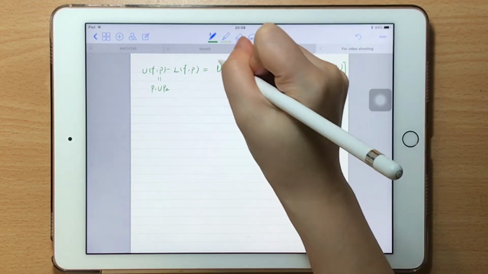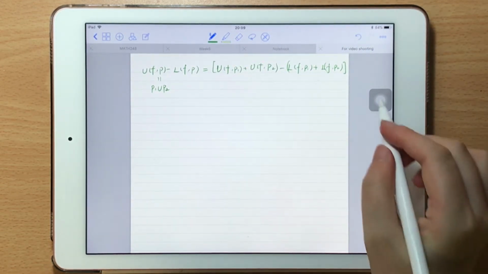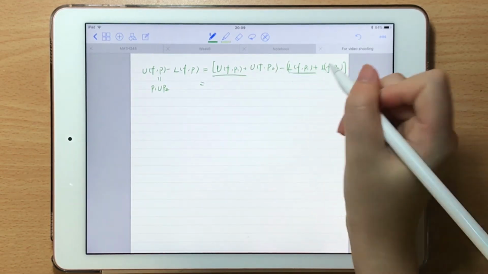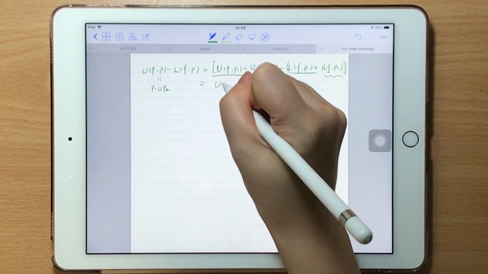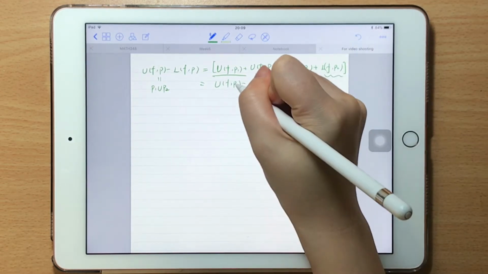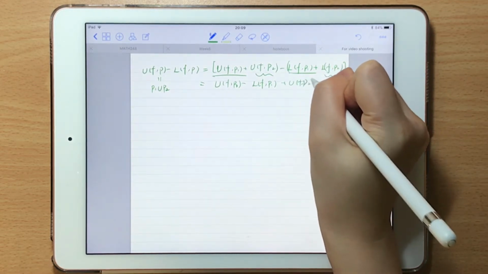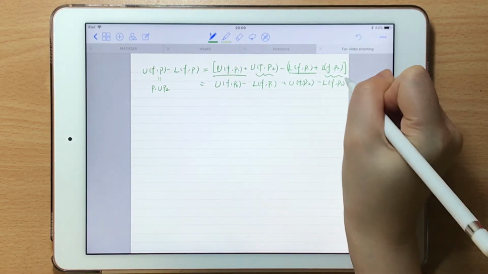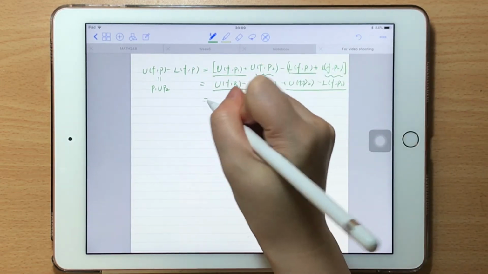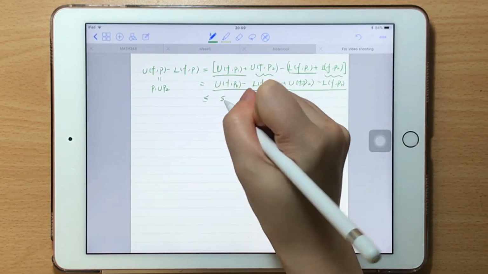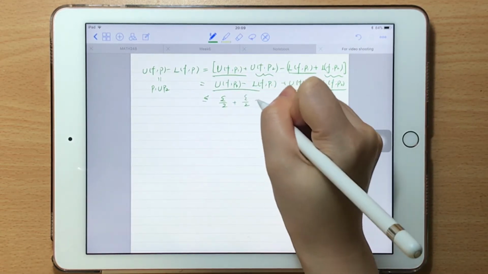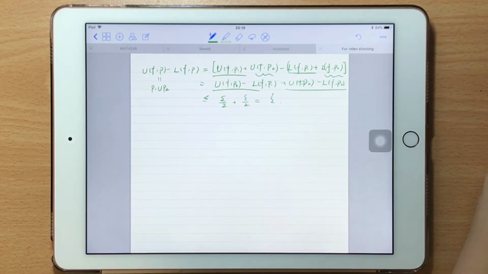By the definition of P. And then combine these two together, we have U of P1 minus L of P1 plus U of P2 minus L of P2, right? So that is going to be smaller than epsilon over 2 plus epsilon over 2, which is equal to epsilon. A nice proof, and we're done. Right, so then f is integrable on the whole interval AB.